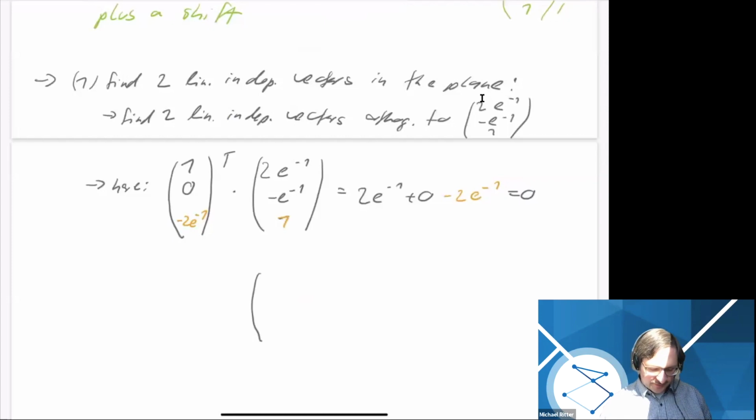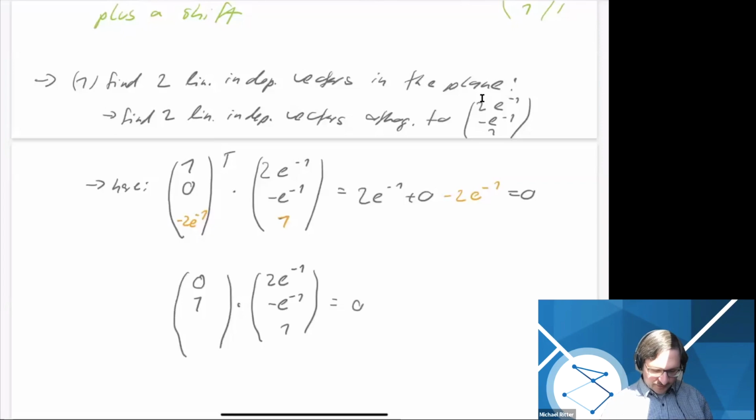And let's try to find a second one. Again, we want to make sure that it is linearly independent of the first one. So to be sure, let's set this first value to 0 and the second to 1. And we can be sure that these two vectors are linearly independent. Let's see what the outcome is.